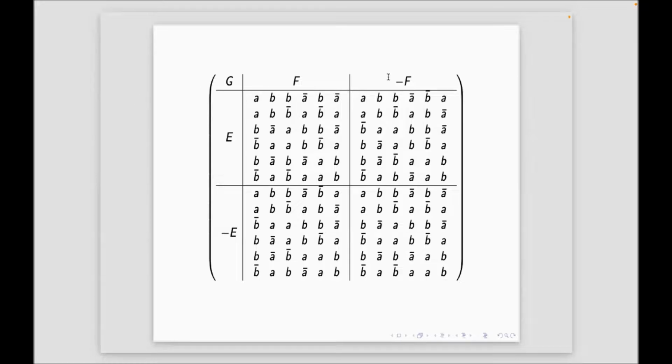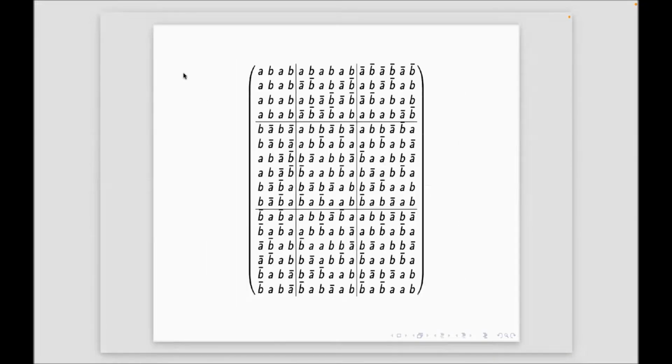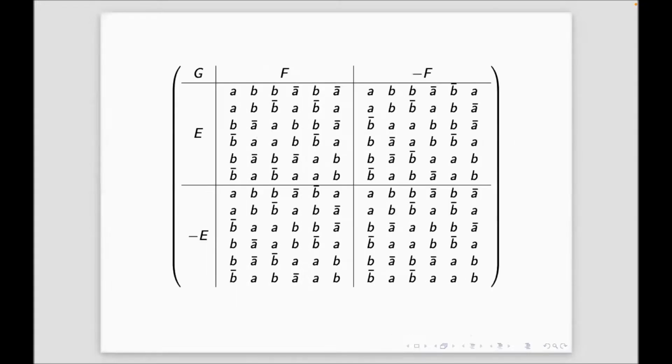Now, I'm trying to make these long rows orthogonal, and something unexpected happens here, namely these portions of the matrix are going to be balanced. While we're filling these up, we are trying to make these balanced, and it is possible.